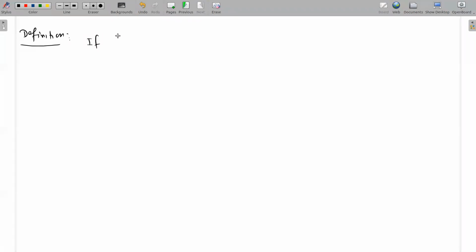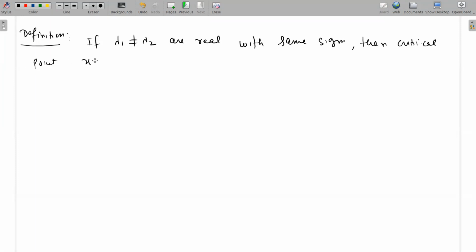So if you have two different eigenvalues which are real with same sign, then critical point which is 0, 0 is called a node. Okay, so they are of same sign.